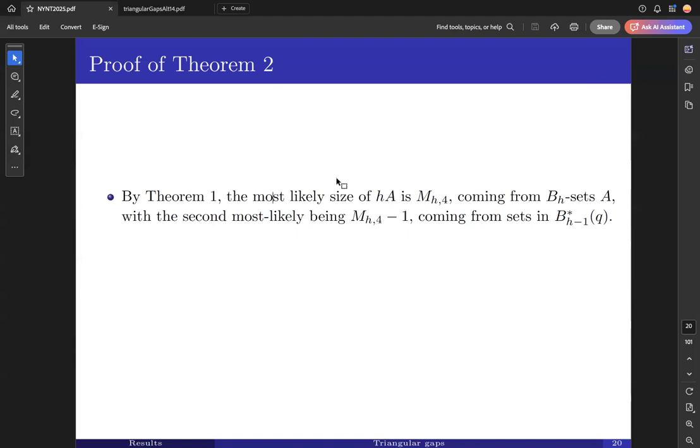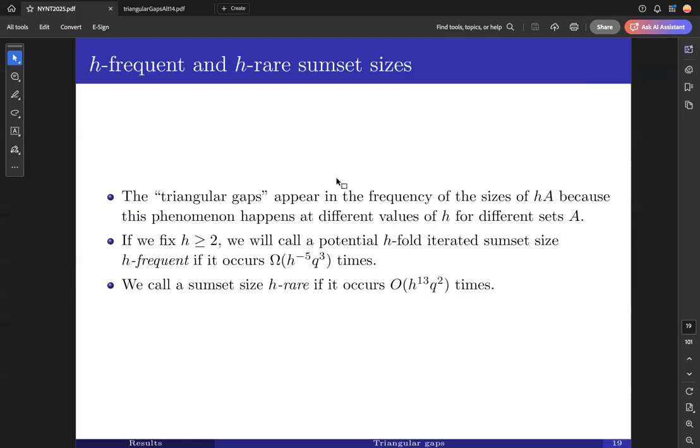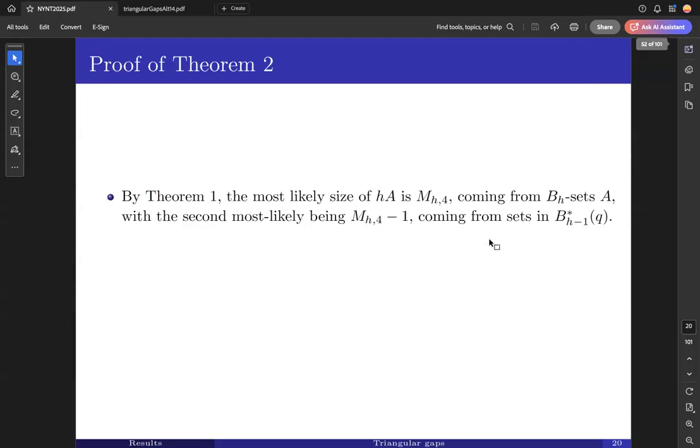Yes, the second spike. And that's why I've got this notation of frequent and rare, but I should have said the second frequent spike rather than the second most likely. This is awkward wording, so I apologize for that. Technically speaking, this is imprecise, and the statement of theorem 1 is also imprecise. So I apologize for that. This should say the second frequent, not most frequent.